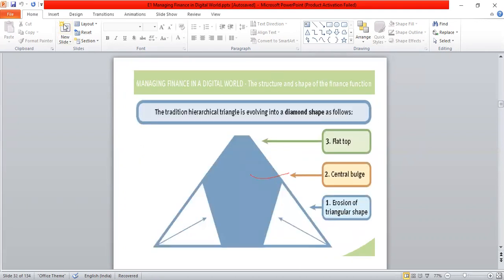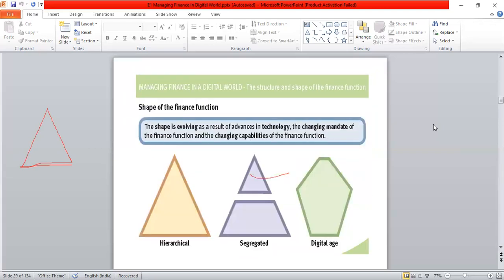Okay. So the traditional shape, we see that it is in the form of a pyramid. So that's the conventional shape. But now we understand that it is no longer in the pyramid shape, but it has taken the shape of a diamond.